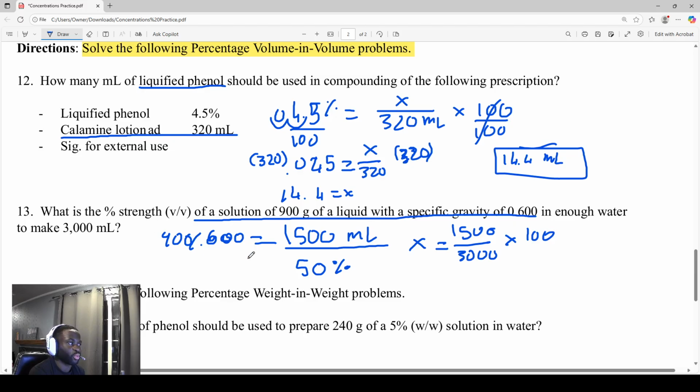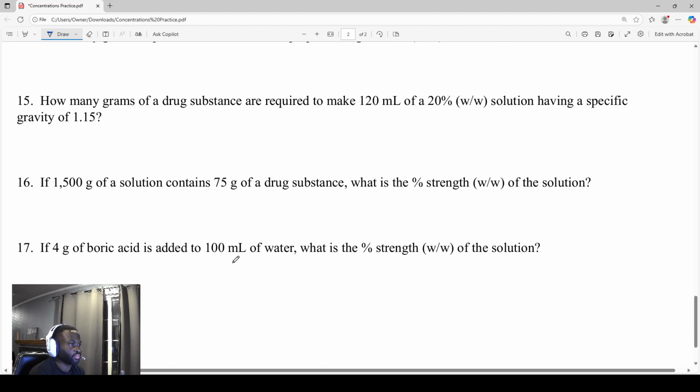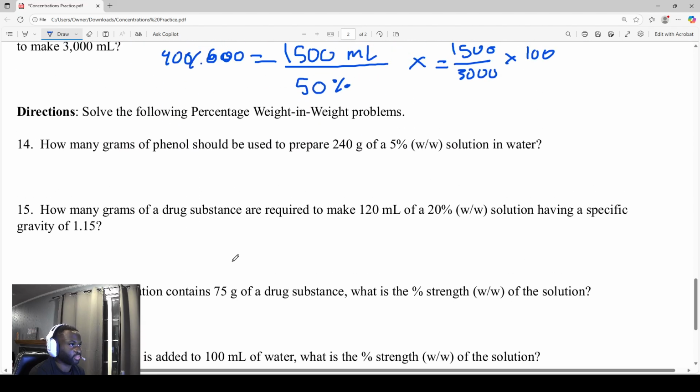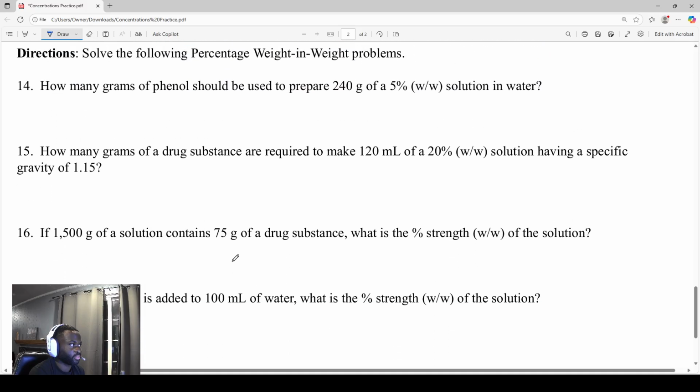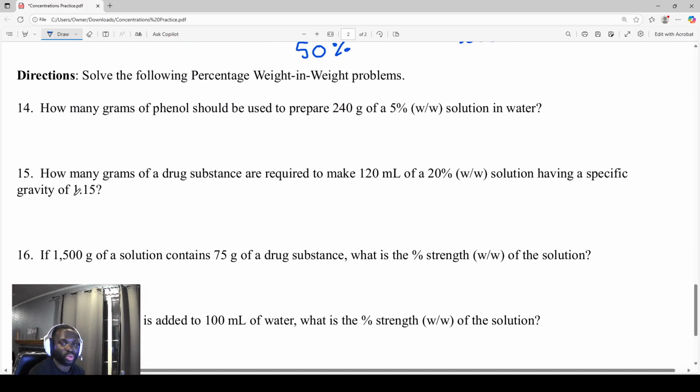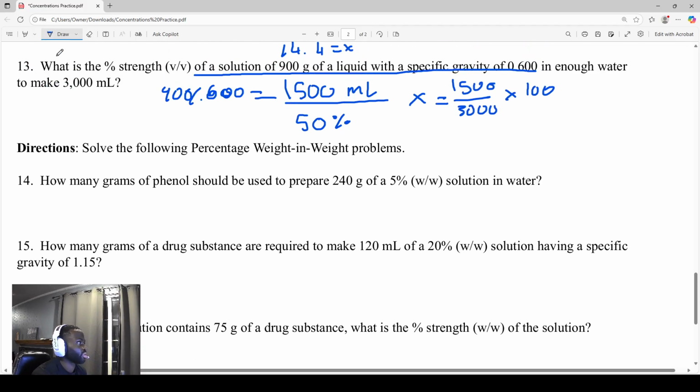We're gonna get more practice on this. Yep, in this problem right here. But first, now we're gonna go to weight problems.